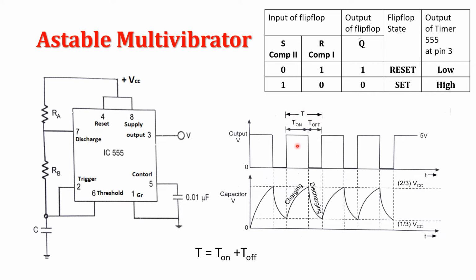When T is on, what is the time constant when the output of the timer is high?